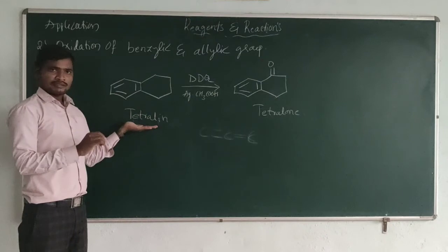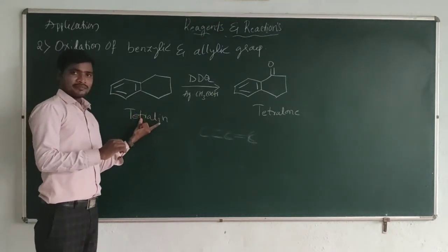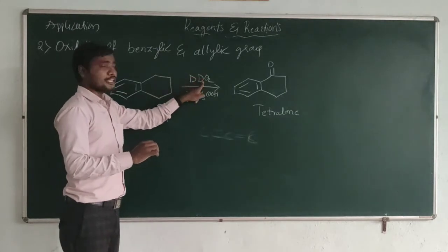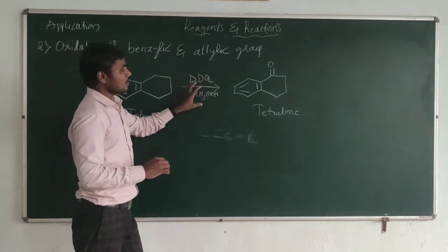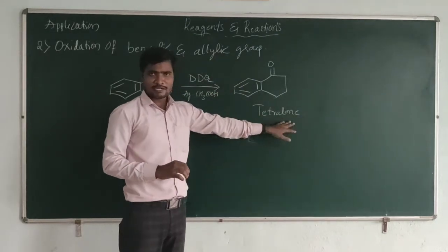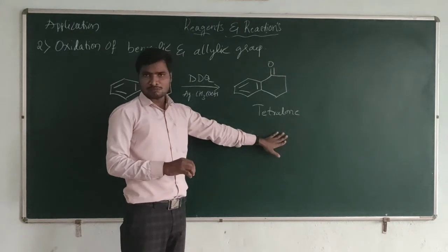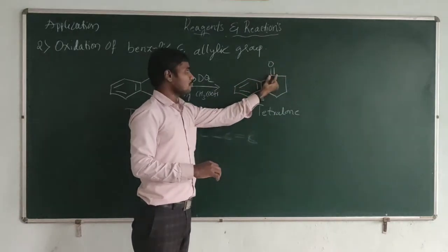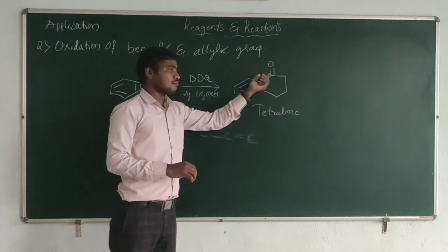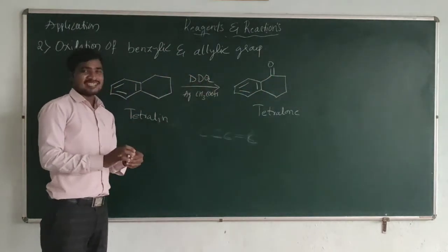We take in the reaction tetraline. After reacting with DDQ in aqueous acetic acid, it converts into tetralone. Tetralone is a cyclic ketone molecule. Here we can see the oxidation of the benzylic carbon atom by the reagent DDQ in the presence of acetic acid.